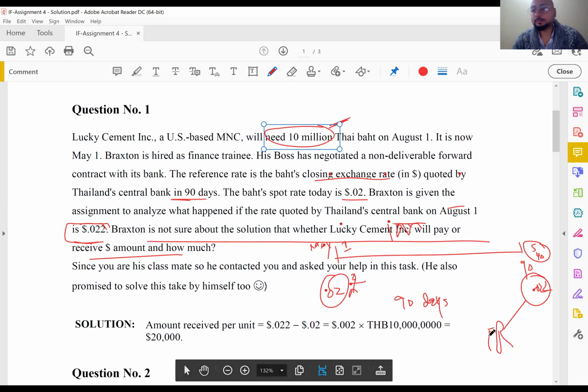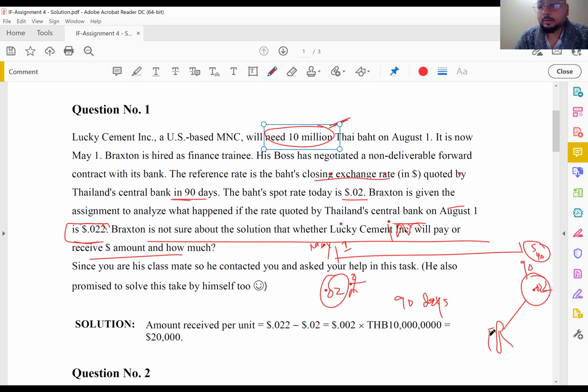So no matter whether you are on May 1st or on day 90, you would be judged based on the forward rate. Since the question gives no future rate or forward rate, we will be closing our deal on the spot rate, that is, at 90 days.